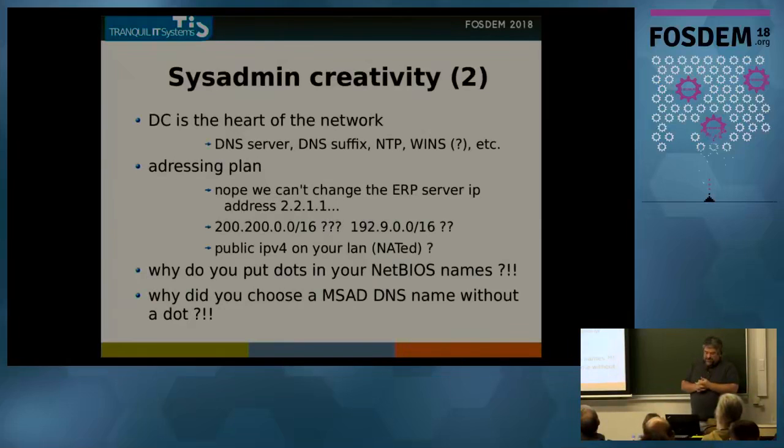So you have to deal with many strange things, like 200.200.0.0/16. I don't know where they got that one. The other one, 192.9, they started right, but they finished wrong. And we still have many people who have public IPv4 on their private network, and actually it's NATed on the internet. So we can find many strange things.